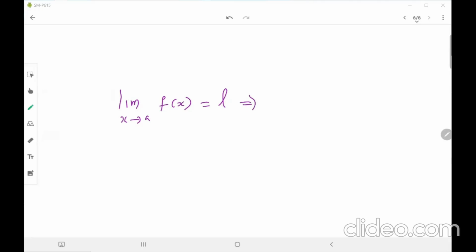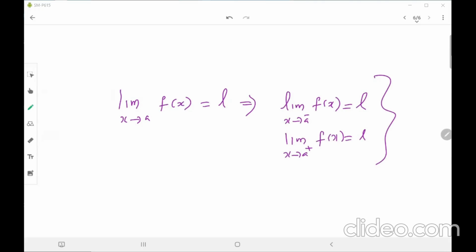When x approaches a, f of x is equal to L means limit as x tends to a minus of f of x equals L, and limit as x tends to a plus of f of x equals L. Then only we say the limit exists. The left limit and right limit should move to the same point, the same real number. Then I say that limit exists. Otherwise, the limit does not exist. That's why the cases I have shown you are where the limit does not exist.